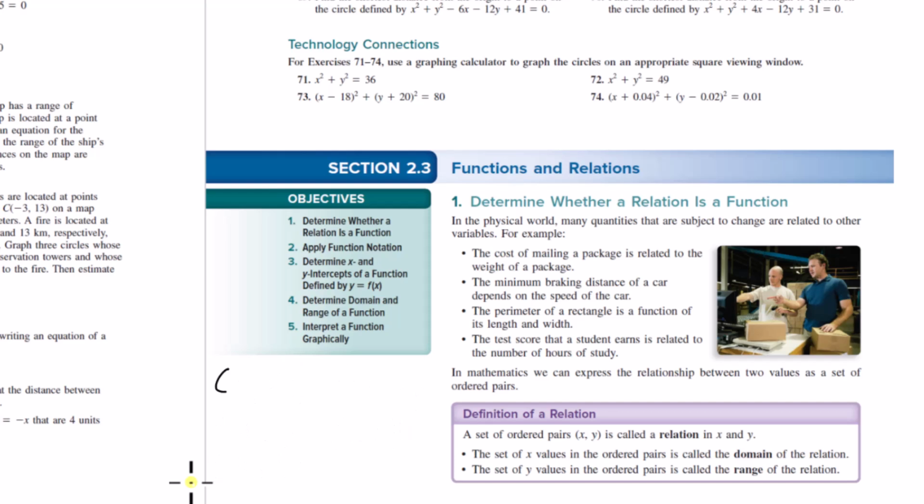Now, we're keeping this simple at the moment. We're just thinking about a relation between two variables, but a relation is when you're analyzing relationships between two or more variables.